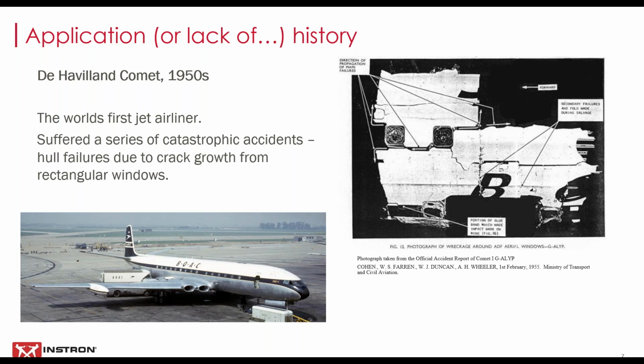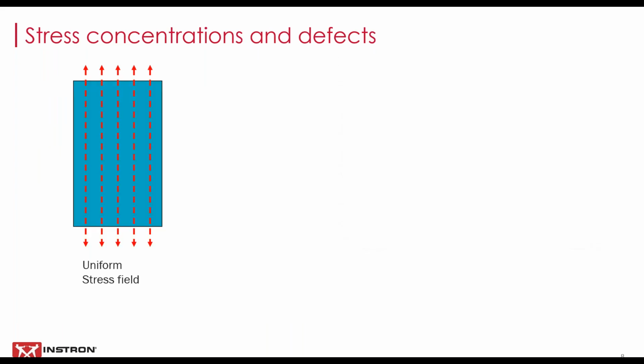corners in structures. So that brings us on to kind of the seeds of how fracture mechanics works at a basic idea level. We're going to talk about stress concentrations. So if I have a nice plain sheet of material and I clamp it nicely at both ends and apply a force, I'm going to get a uniform stress field. Nice, and you've got the flow lines there in this illustration.